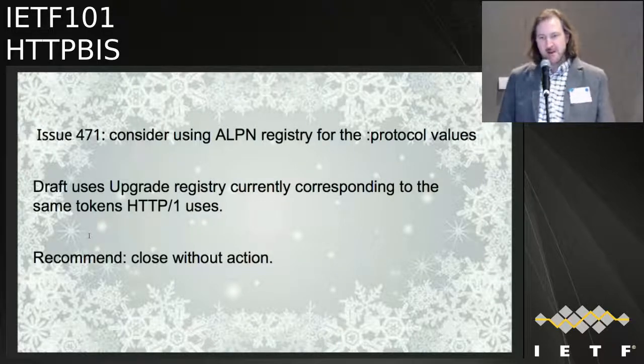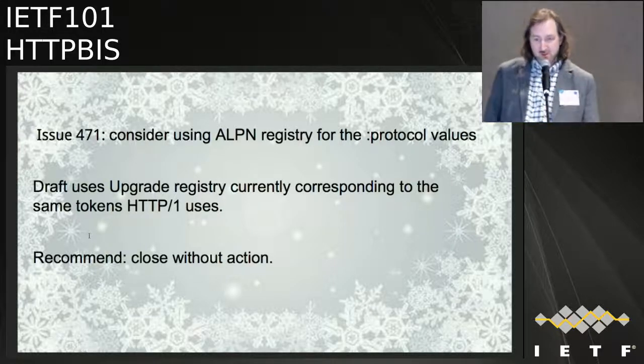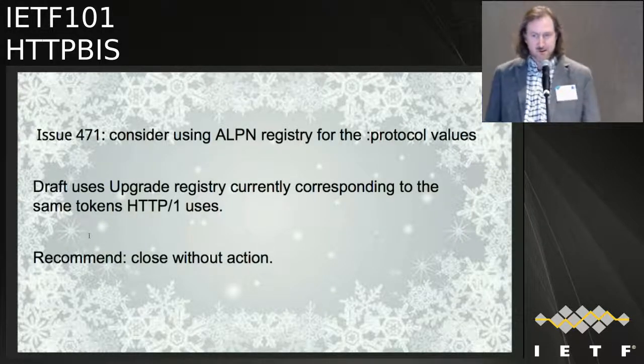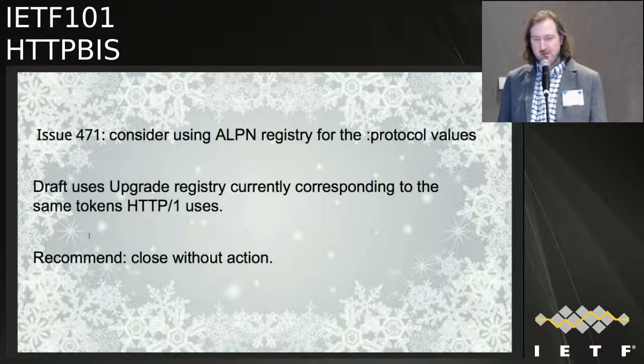Okay, so we have one GitHub issue open here, which says consider using ALPN registry values for the protocol pseudo header. The draft uses the upgrade registry currently, which corresponds to the same tokens HTTP1 uses. Fundamentally, this means that you send a protocol pseudo header with a WebSocket value, which obviously does not exist in the ALPN registry, which tends to have things like H1, H2, whole connection.